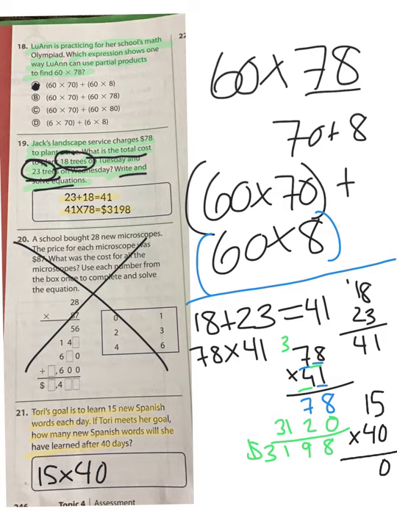Drop your 0. Then you're going to multiply your 10s times your 1s. So 4 times 5 is 20. Put your 0, regroup your 2, and then multiply your 10s times your 10s. 4 times 1 is 4, plus 2 more is 6. So 15 times 40 equals 600 words.